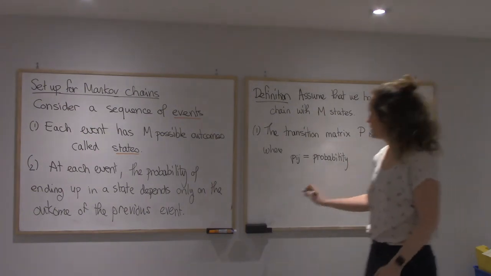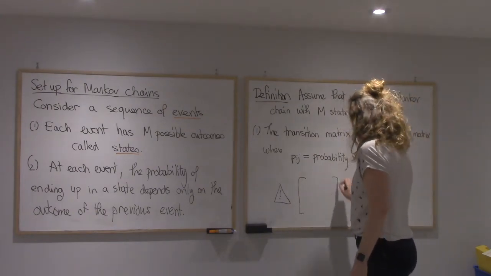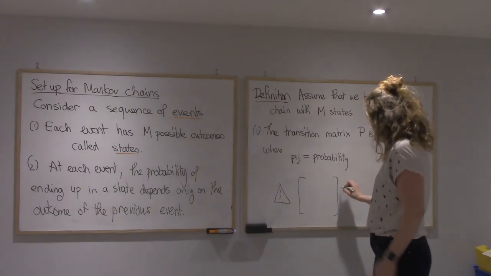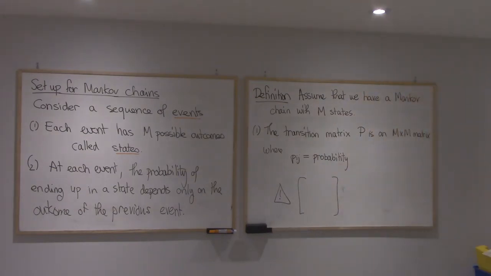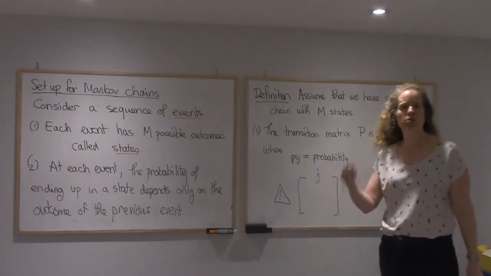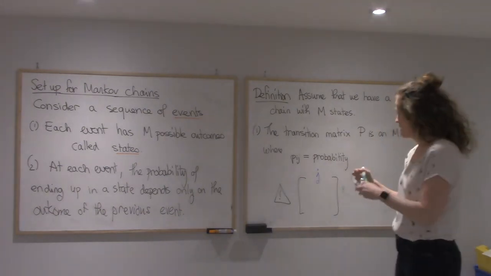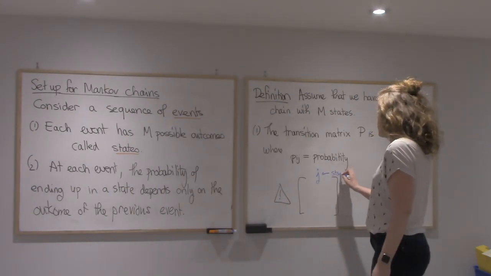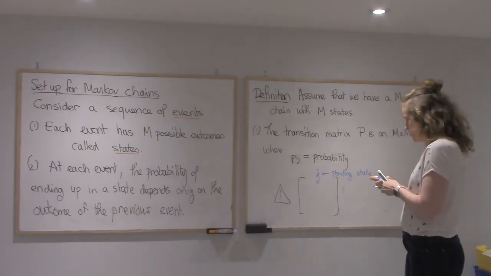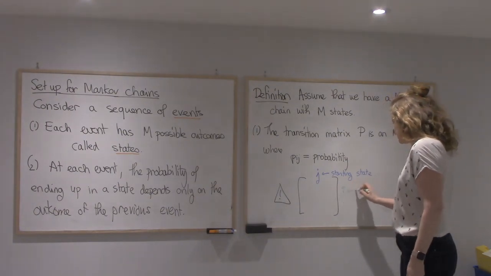So let me draw it because this is really a bit strange, but otherwise the multiplication would be worse. So ij, i is the row, and j is the column. So if you remember, j was the current state, and that number here is the future state. So this is the starting state, and this is the ending state.